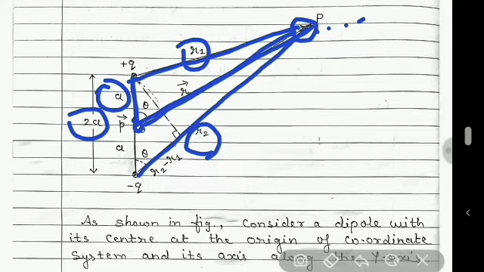So that distance a will be very small, or in other words we can say that the distance r is very much greater than the distance a when P is taken very far away. So in that case, what will happen? This r1, r and r2 will be approximately equal. So here we have taken that condition.